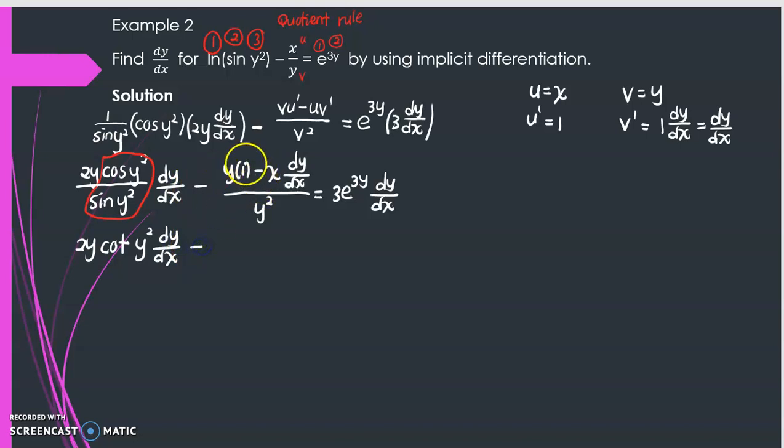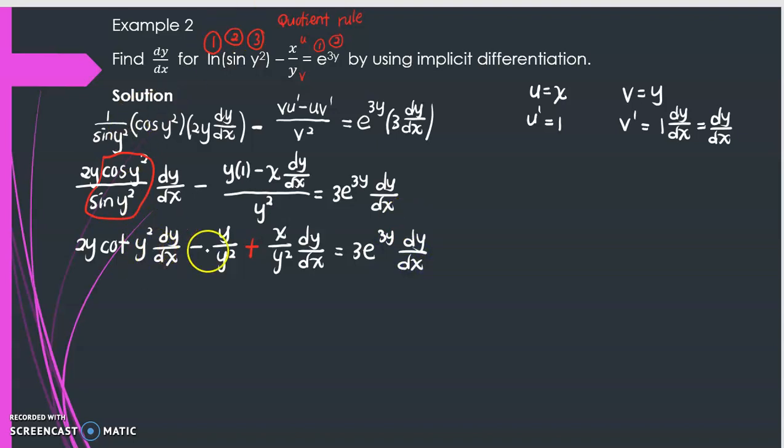Minus, so now from here I separate into two parts, y over y². So be careful with the negative. Let's say I change to red color. Negative is positive. So here will become x over y², x over y², dy/dx equals 3 e^(3y) dy/dx.